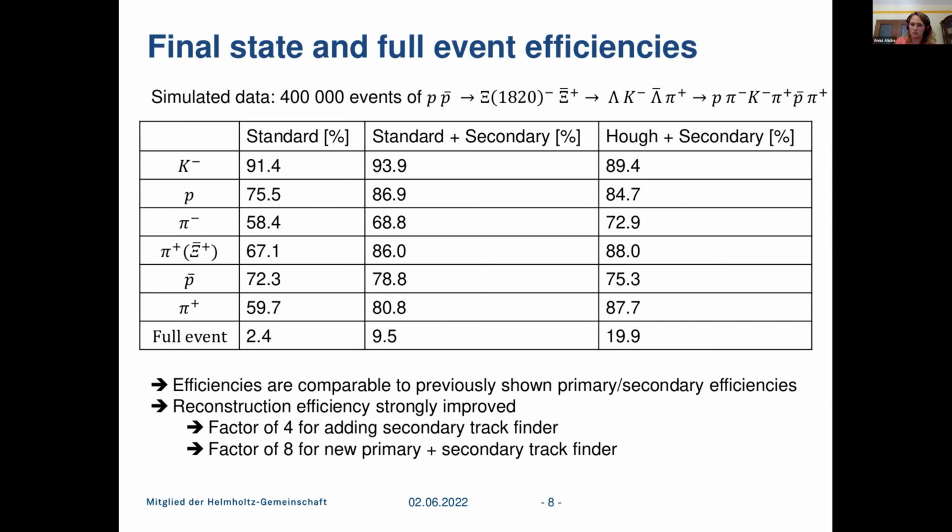Also, deep neural networks, for example. You will see in a second talk today. But in my PhD thesis, I had to look at the Hough transformation, and because it didn't work so well, I then also had to look at the secondary track finder.